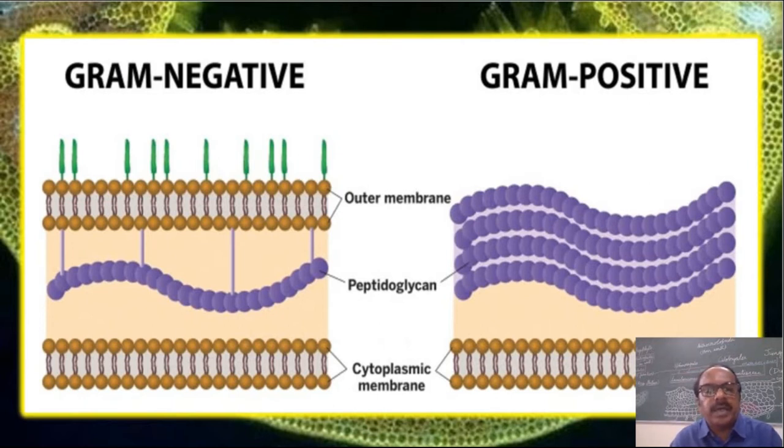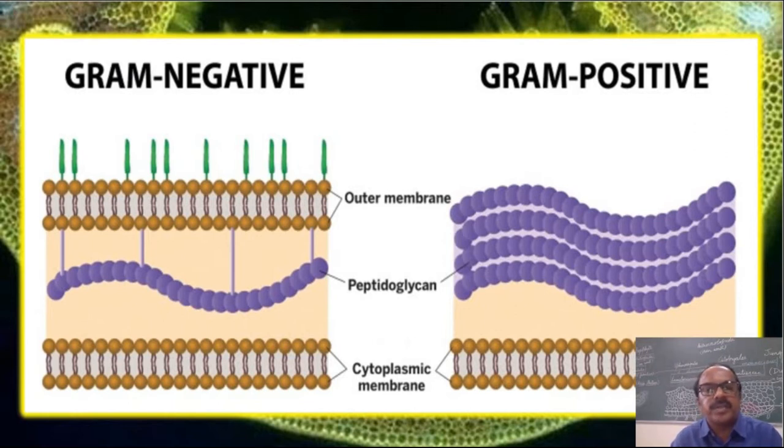In between inner and outer membrane, there is a little amount of peptidoglycan. Whereas in case of gram-positive bacteria, there is only the internal cytoplasmic membrane. There is no outer membrane on the outside, but at the same time, there are several layers of peptidoglycan. So that is the difference between gram-positive bacteria and gram-negative bacteria.